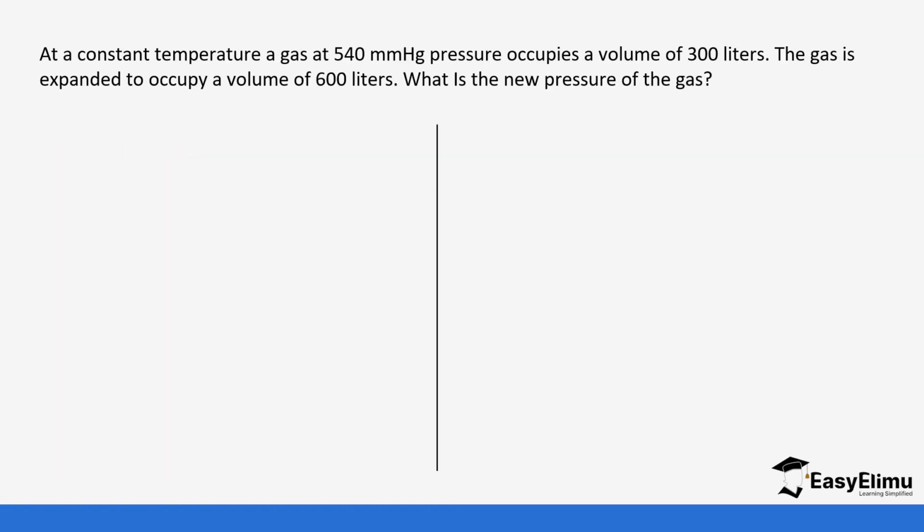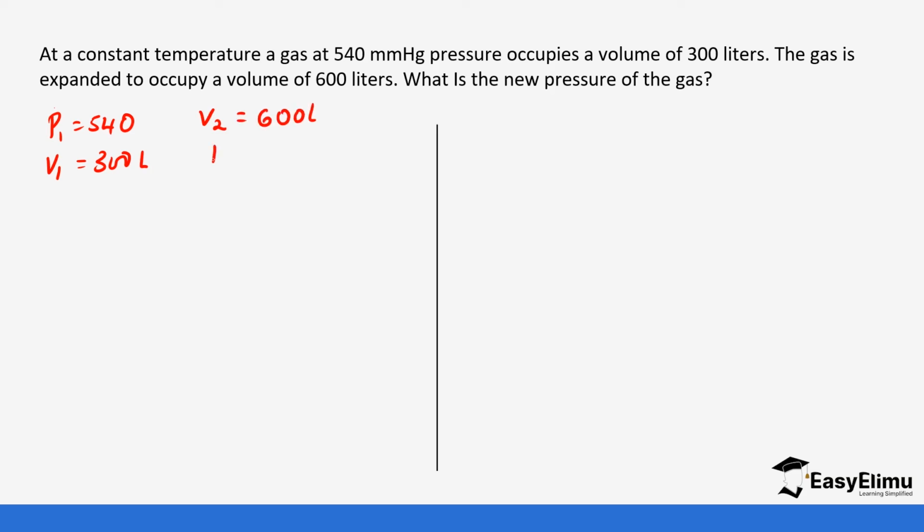At a constant temperature, a gas at 540, so the pressure, now we have pressure 1, which is 540 mmHg, occupies a volume, so this will be V1 of 300 liters. The gas expanded to occupy a volume, which is our V2, 600 liters.